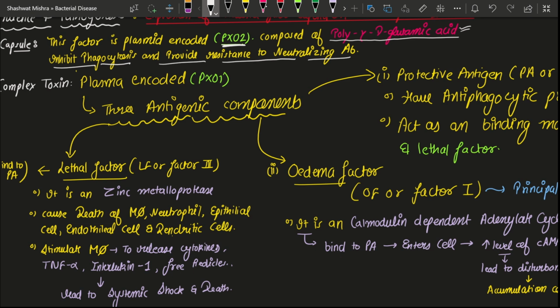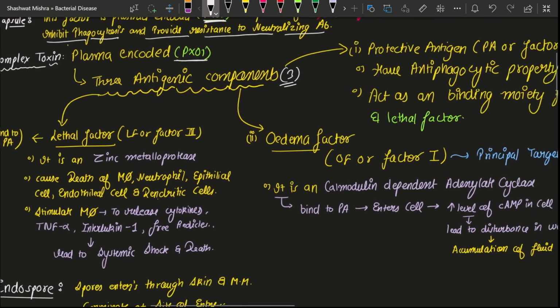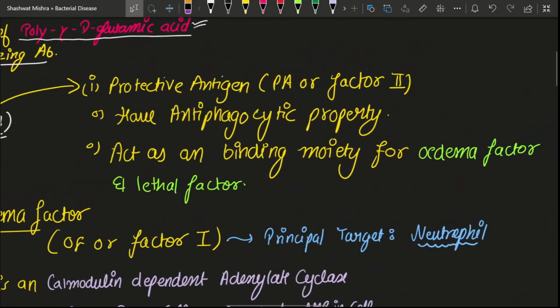It is important. Now the next virulence factor is the complex toxin. It is plasmid encoded, by the pXO1 plasmid. There are 3 antigenic components of the complex toxin. The very first is the protective antigen.